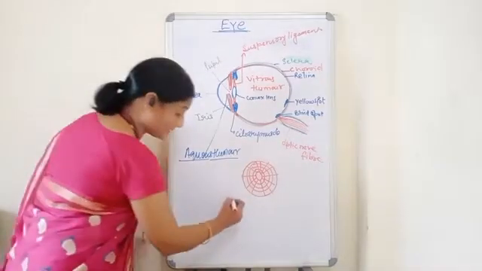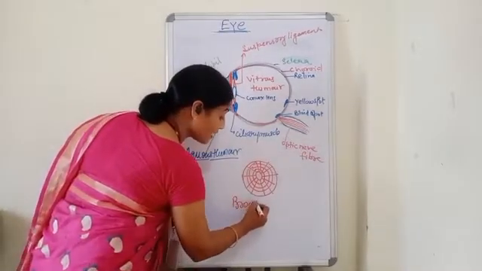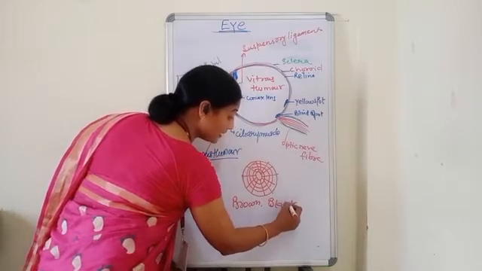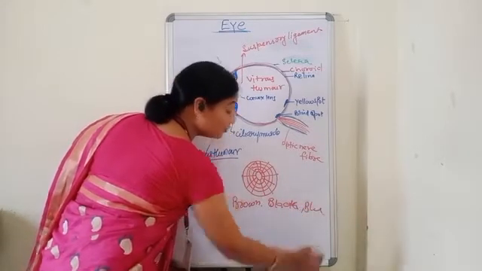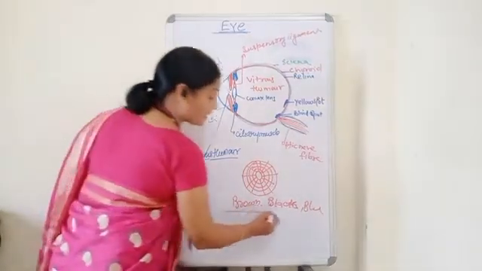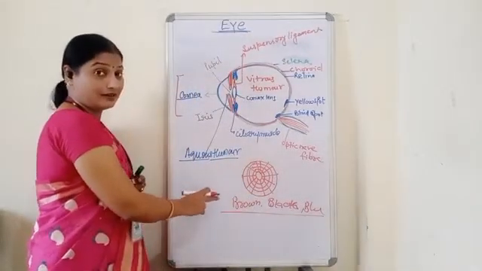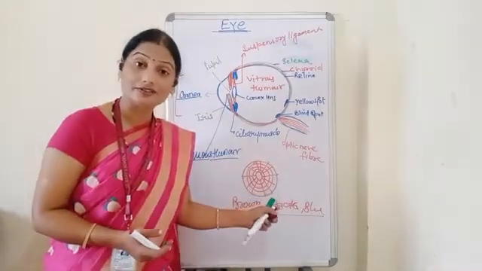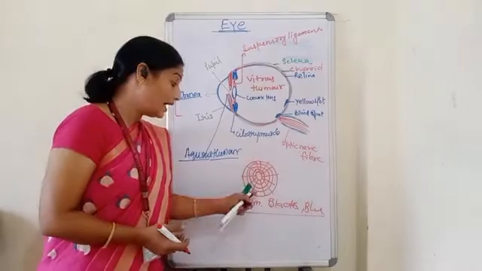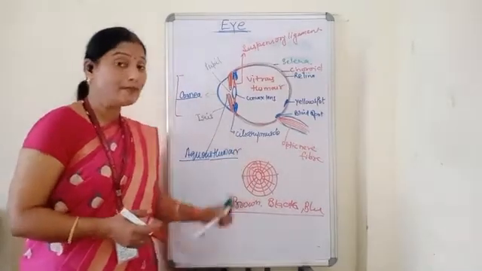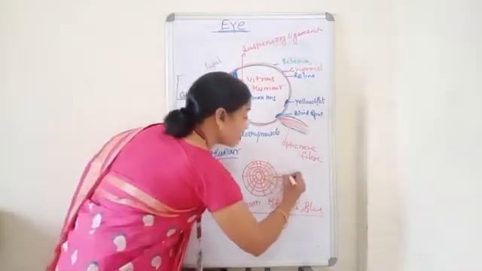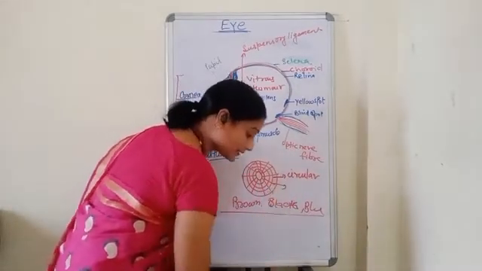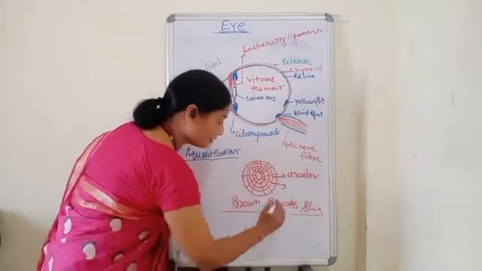Various means we have seen brown eyes, black eyes, and blue eyes. So whatever different colors of the eye we have seen, that is the color of the iris. Okay, now the iris is made up of two muscles, called the circular muscles as well as the radial muscles.